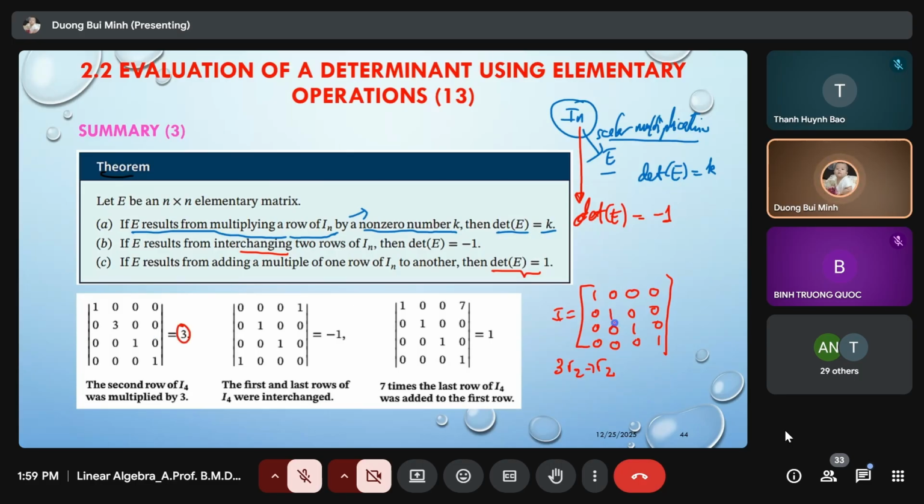If we interchange R1 and R4, you get -1. And if we apply the third rule, the determinant of the elementary matrix is 1. Okay, very easy.